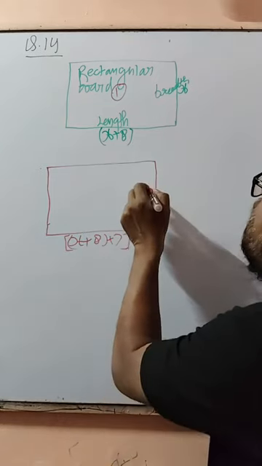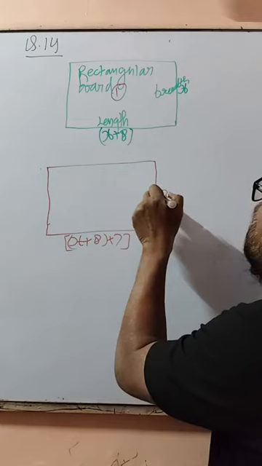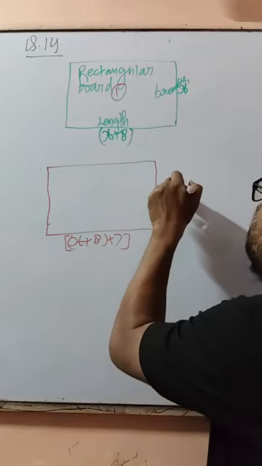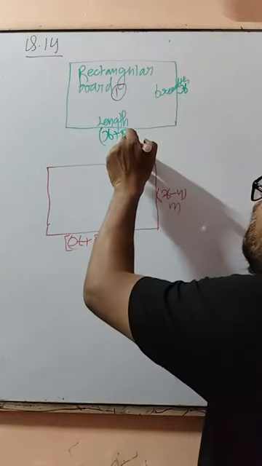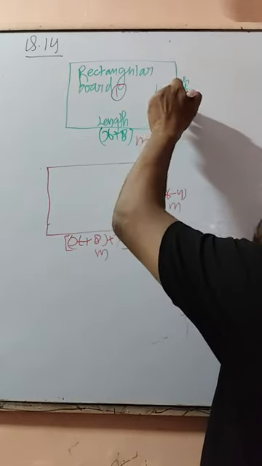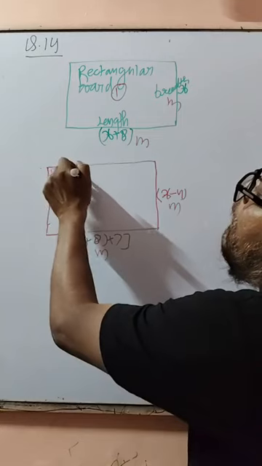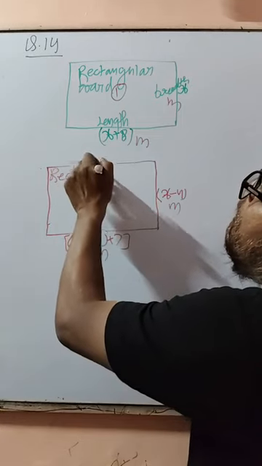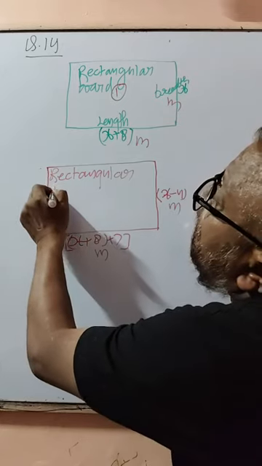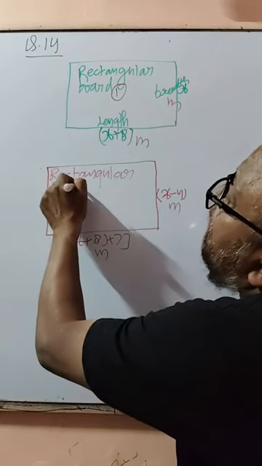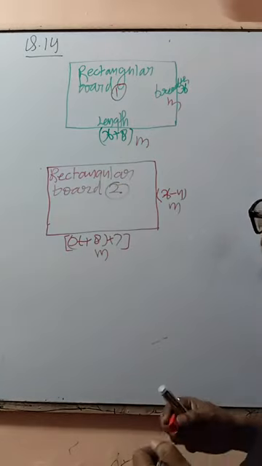And its breadth is decreased by 4 meter, x minus 4 meter. It is in meter. It is rectangular board 2, right? Yes, sir.